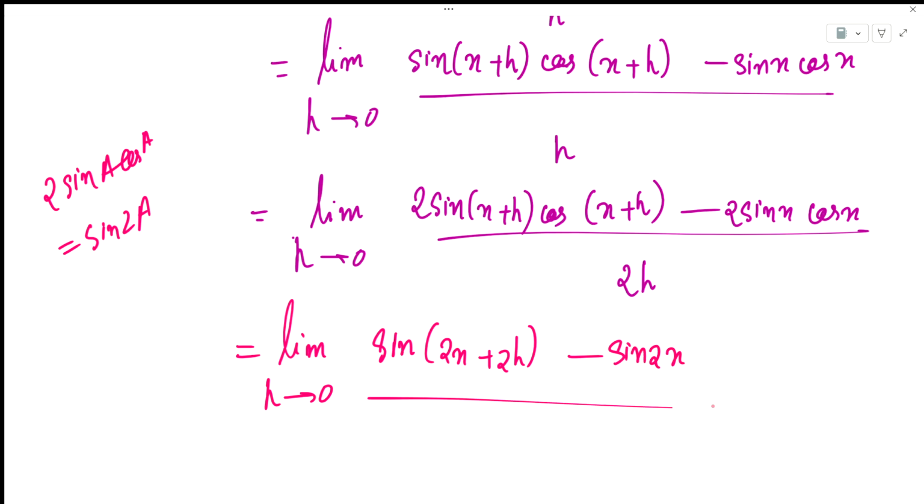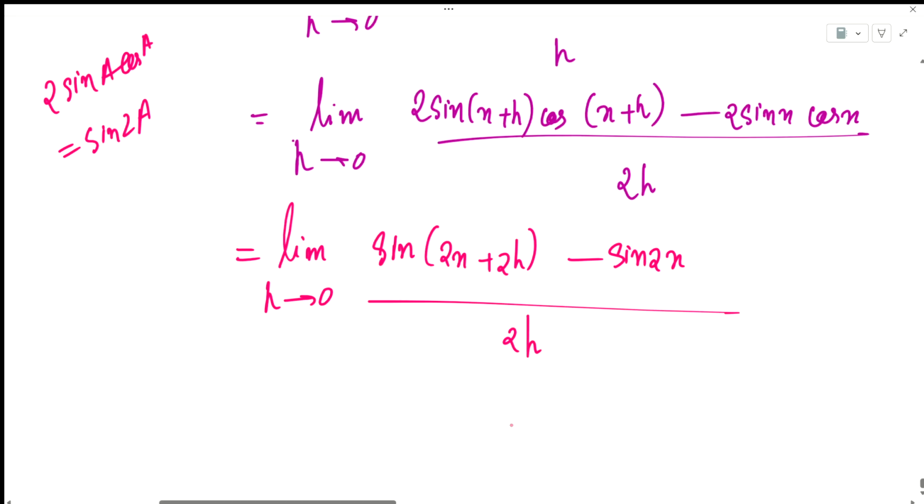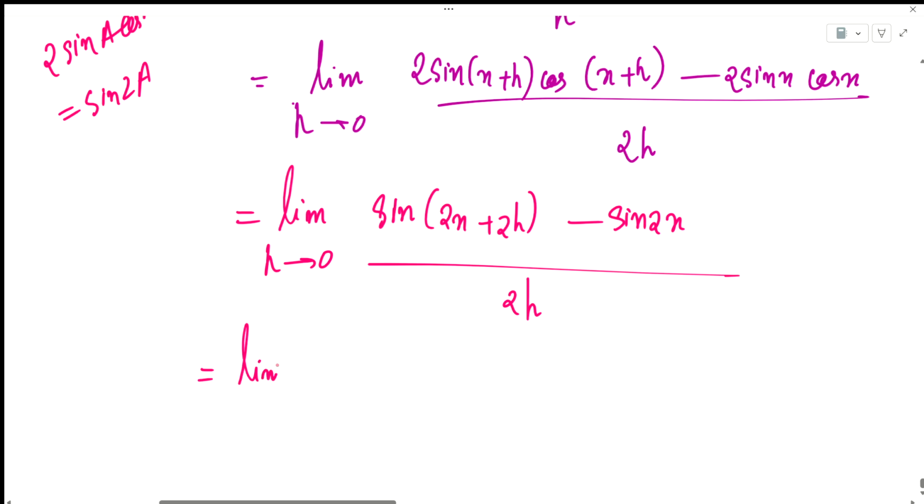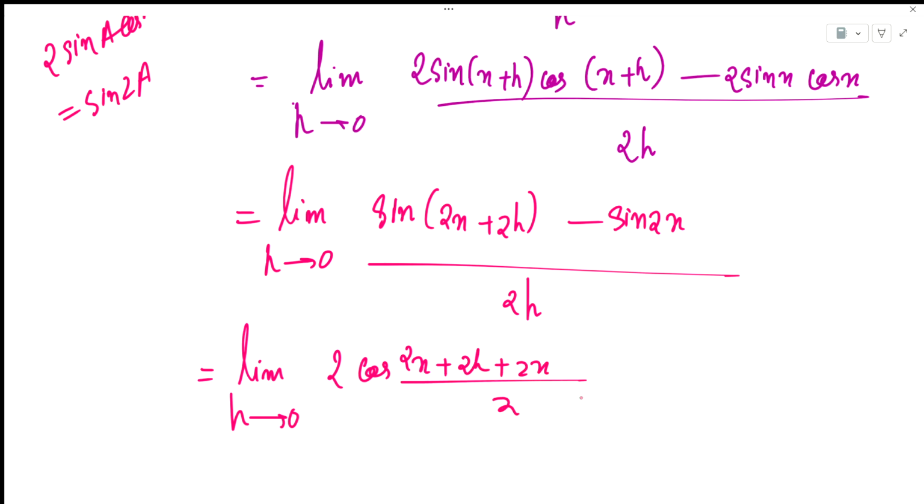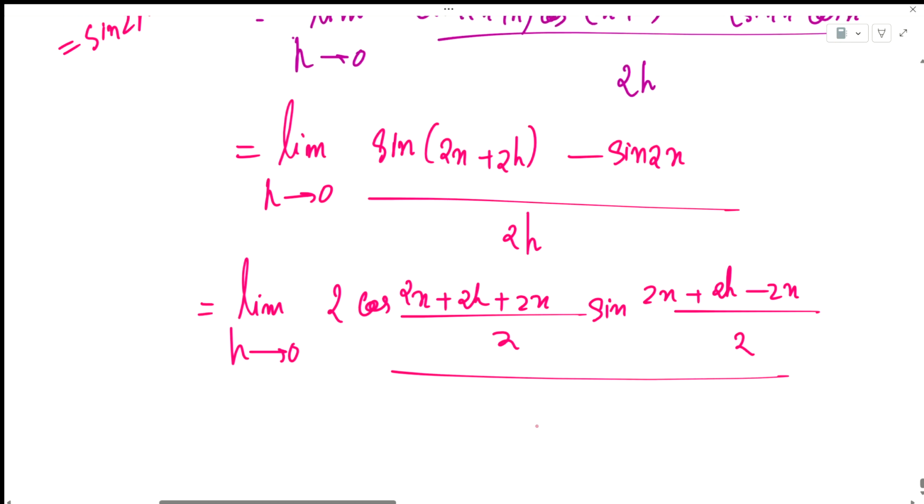On the bottom I have 2h, so this is gonna give me limit h tends to 0, 2 cos of (2x plus 2h plus 2x) by 2, sine of (2x plus 2h minus 2x) by 2, and on the bottom I have this 2h. 2x minus 2x is gonna cancel out.